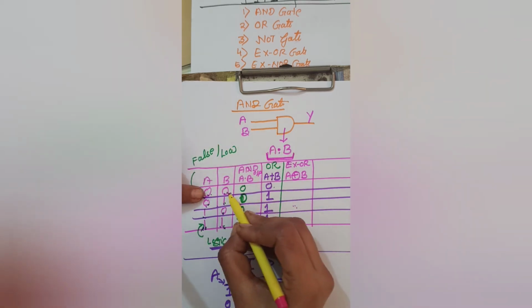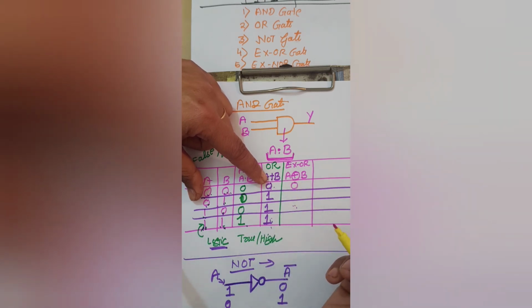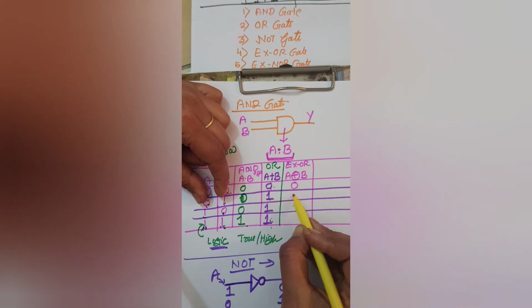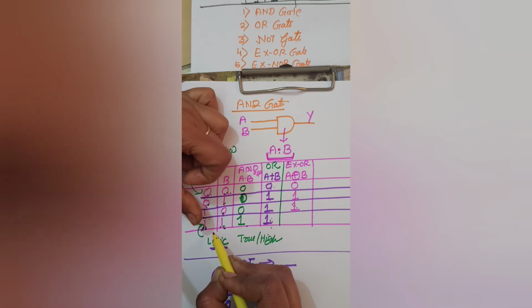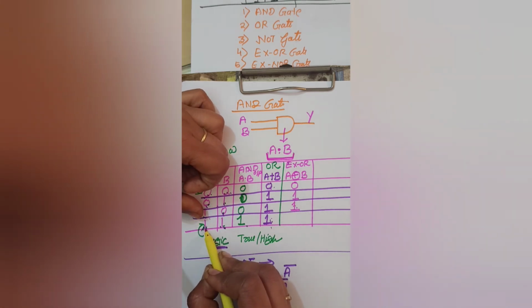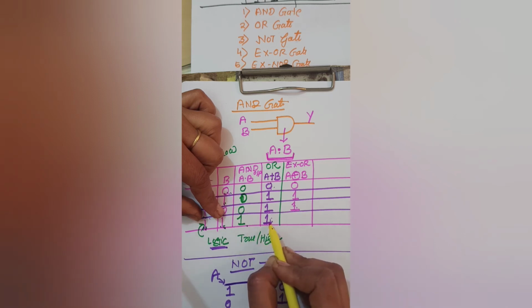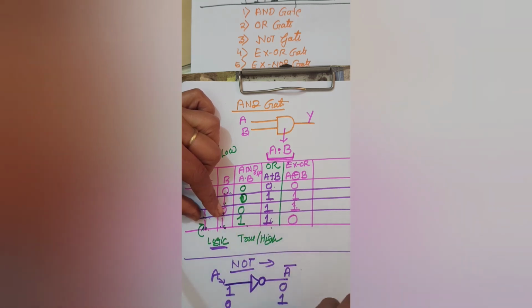Like for 0 0, OR gate output is 0, exclusive OR gate is also 0. For the 0 1 case, OR gate output was 1, it is also 1. 1 0 case, it is 1, it is also 1. The output changes only at the last case, that is, 1 plus 1 was giving me a 1, while in this case 1 plus 1 gives me a 0.